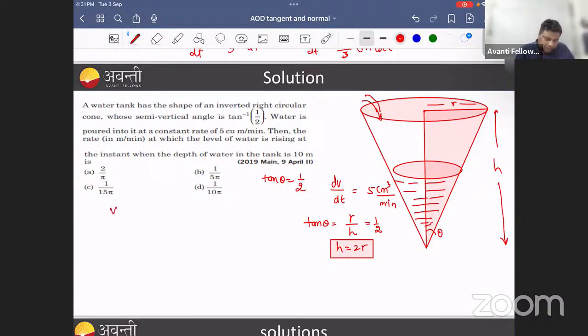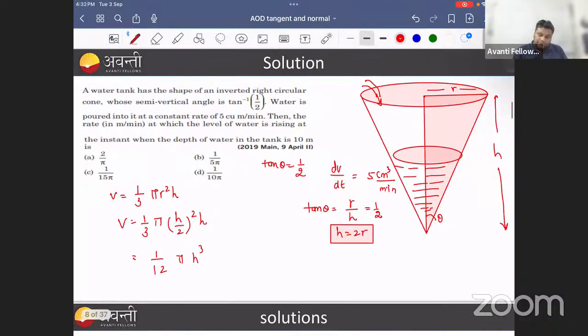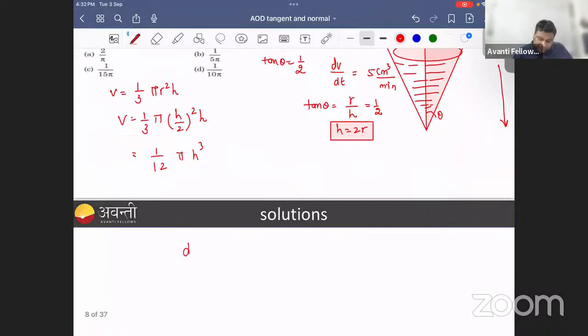Now, volume is what? Volume of the cone is 1 by 3 pi r square h. I will replace r in terms of h. So volume will be 1 by 3 pi (h by 2) whole square into h. That is 1 by 12 pi h cube. Got it? Now differentiate it with respect to time.